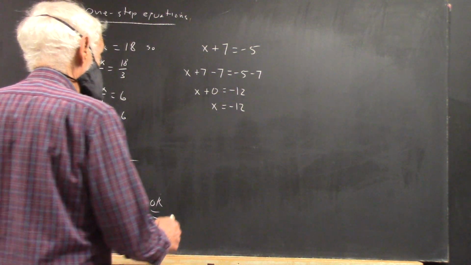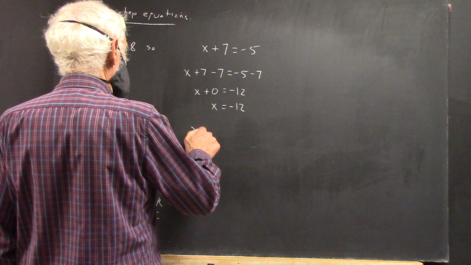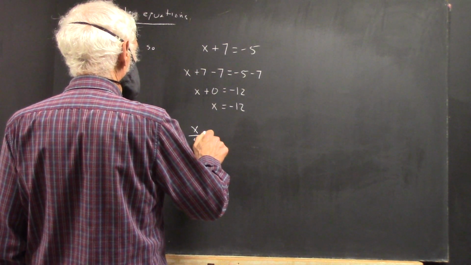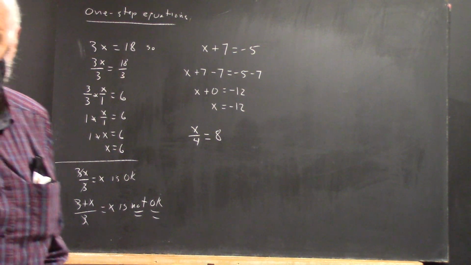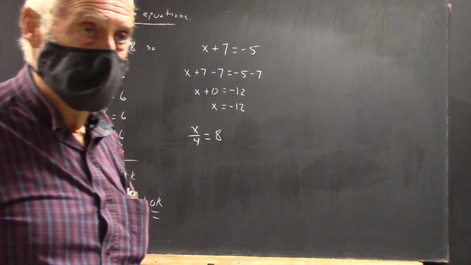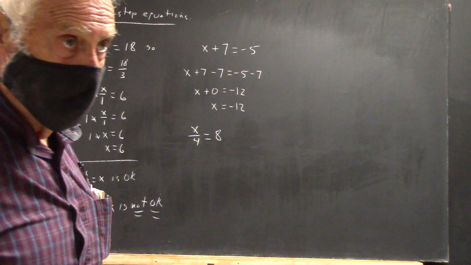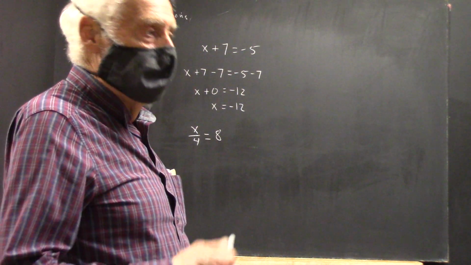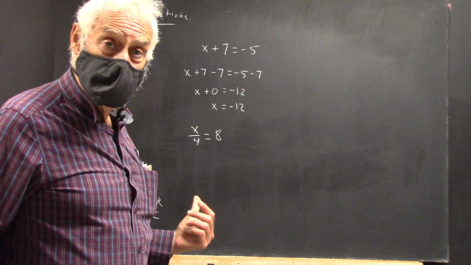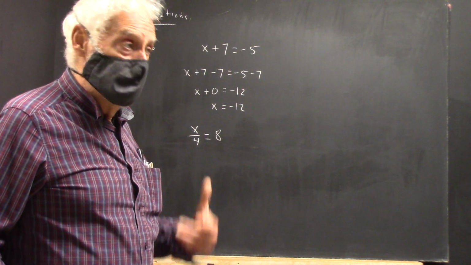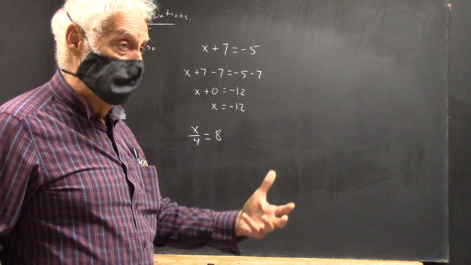Okay, one other example. Say you got x over 4 equals 8. What do you do here? When you have an equation that has a denominator, you multiply both sides by the denominator.